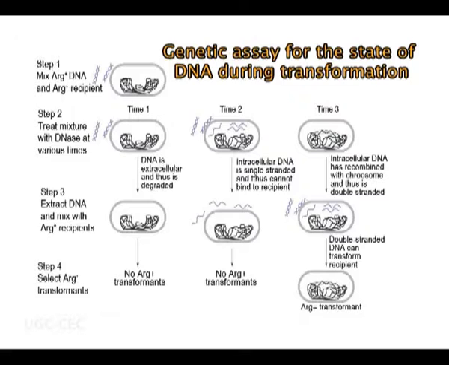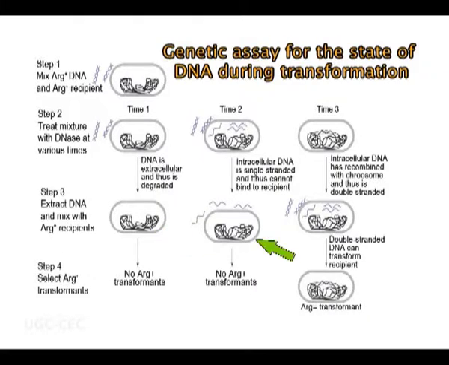One half was plated on a medium devoid of arginine, and from the other half they isolated the DNA, and that DNA was used to retransform another class of cells which were again arginine minus. So when they performed this exercise at the 1 minute time point, they could not find any colony on the arginine minus plates.